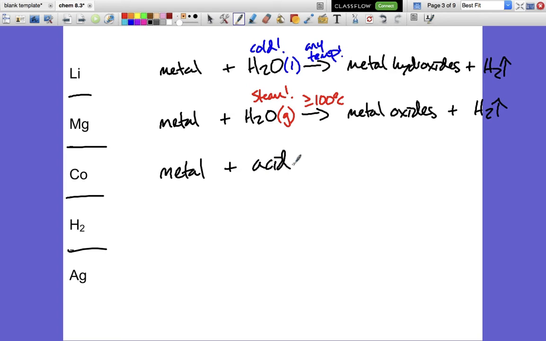But these metals can react with acids to make salts, a salt of some kind, and hydrogen gas. And again, I'll give you specific examples on the next slide. But as long as it's an acid, as long as it's not just water, right, you can replace hydrogen as long as you're above hydrogen on this list, right?